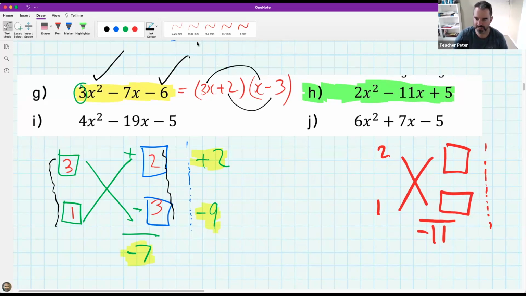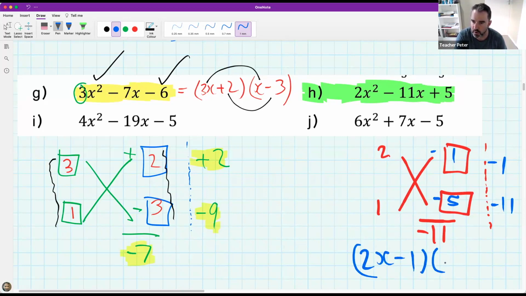That's awesome, Sientanda. Yeah, it gets easier. It's like everything in life. Once you get a good, clear explanation and you practice a few times, most things are pretty good. Okay, that must be a minus. So that gives me -11. That must be a minus. That gives me -1. And so my answer should be 2x minus 1 times x minus 5.